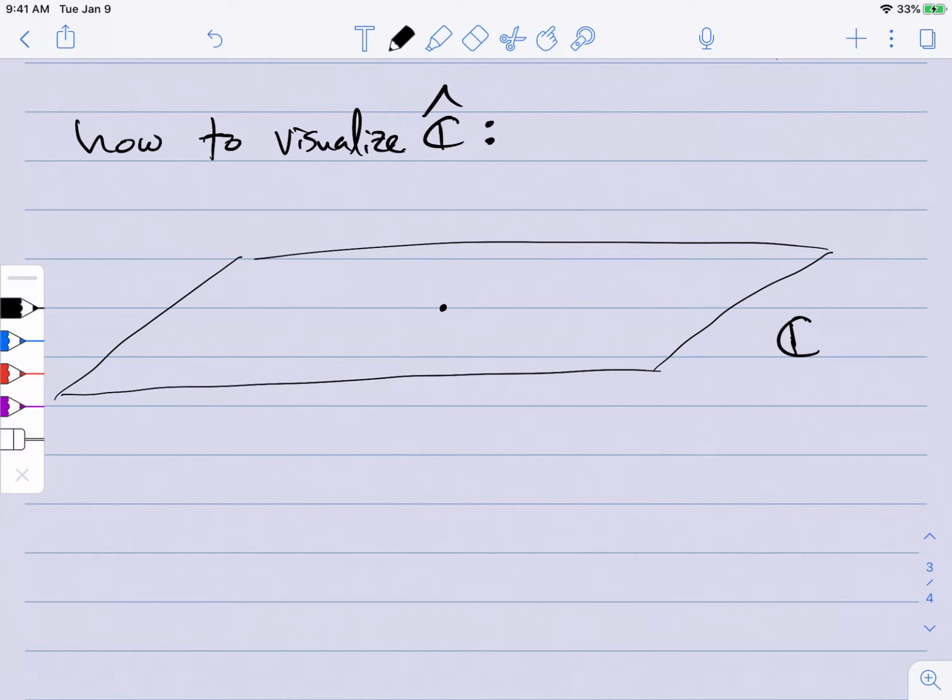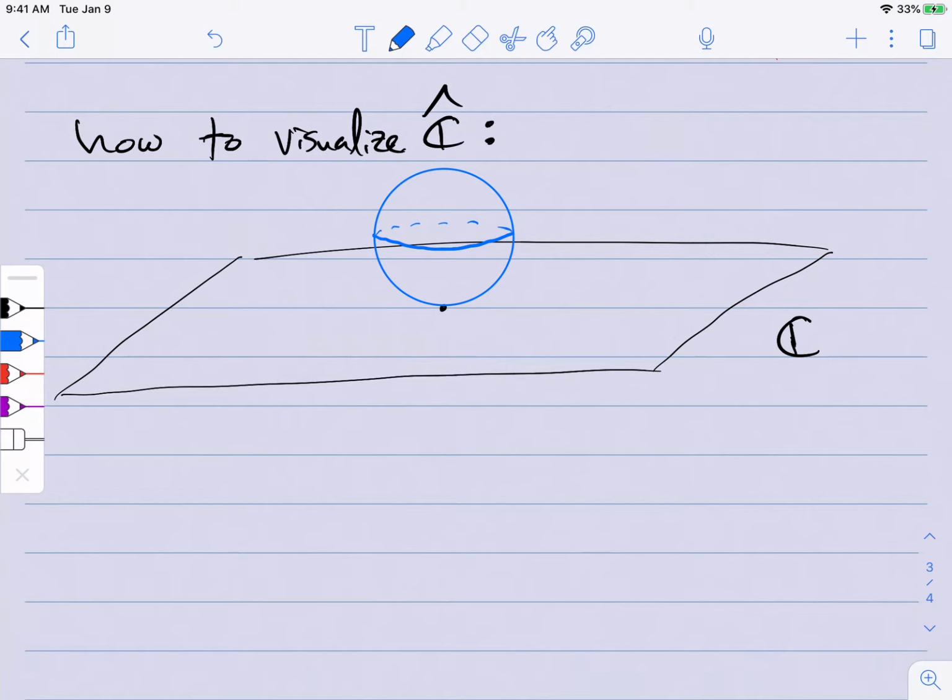Here's the origin, 0. And what I'm going to do is I'm going to set a sphere on top of it, like that. So this is a three-dimensional, it's a hollow sphere, so think of it as like an inflatable ball or something.